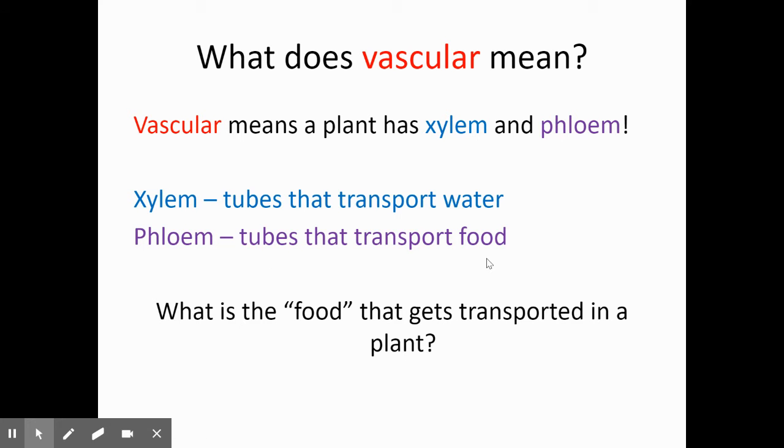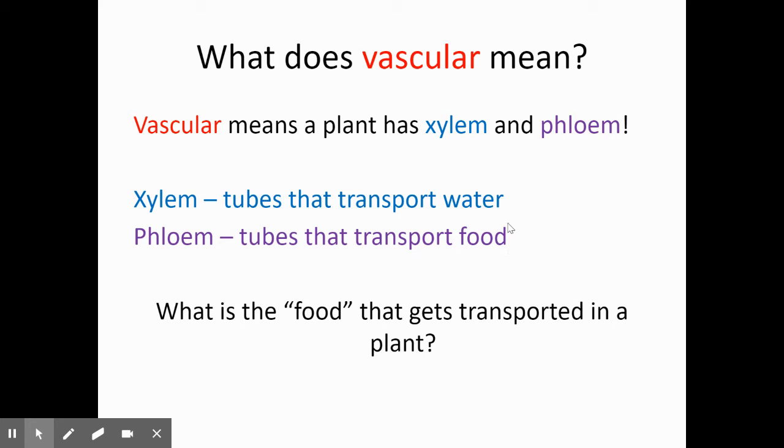Before we get into the plant groups, I want to review what the term vascular means. Way back when we did photosynthesis in plants, we talked about how plants have tubes that transport water. Remember, we have to have water for photosynthesis. That water is going to come from the roots, and the roots are going to get it from water that is in the soil and in the ground. Xylem are the tubes that transport water up the stem. The other tubes are called phloem, and remember, phloem transports food.